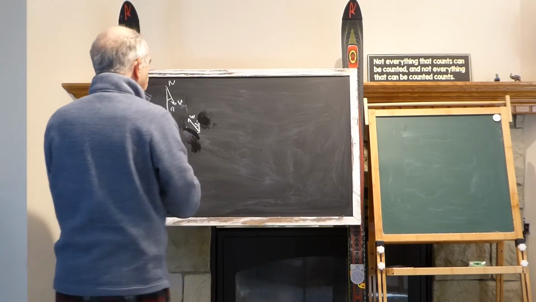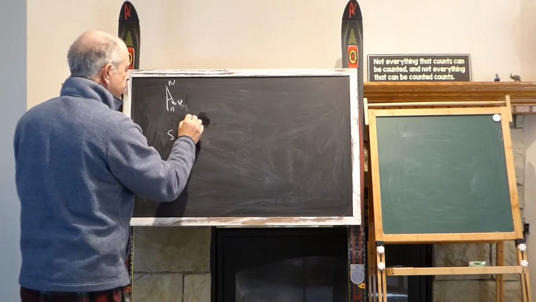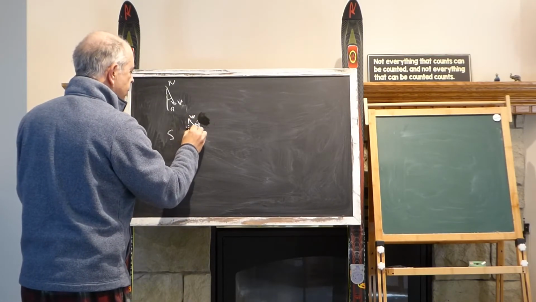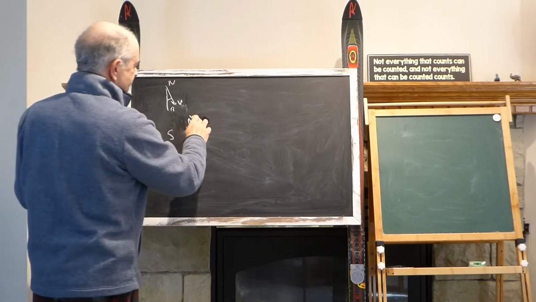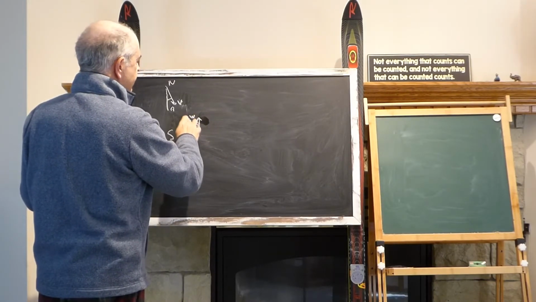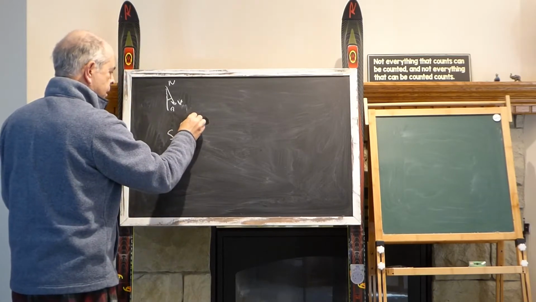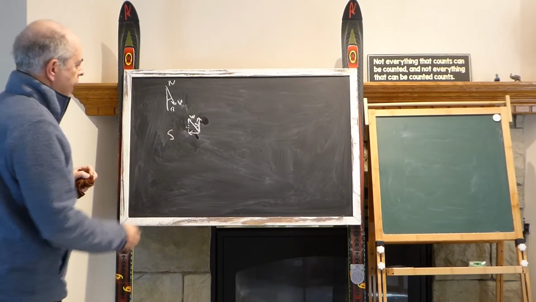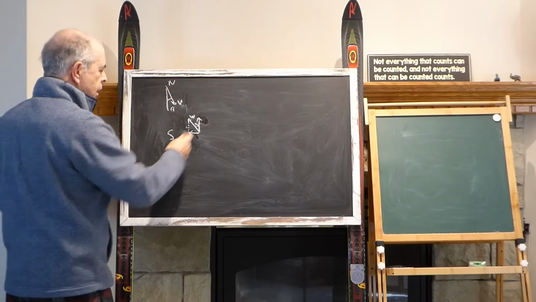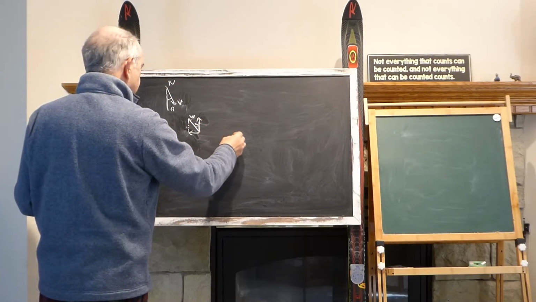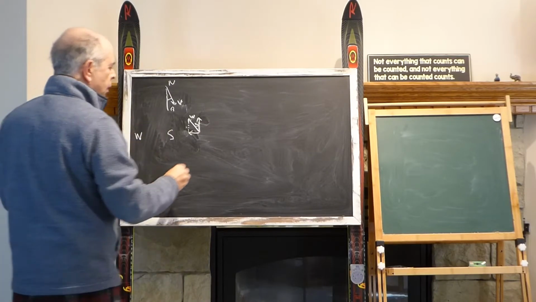So instead of talking about the true vector, we split it in two vectors. And we can say that the sum of this vector and this vector is this vector, and this is absolutely true. And this vector is going from south to north, and this vector is going from east to west, right?